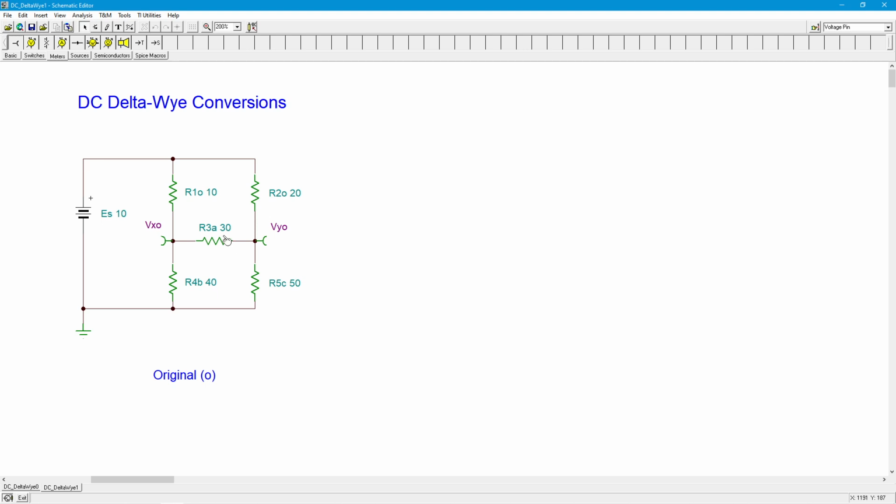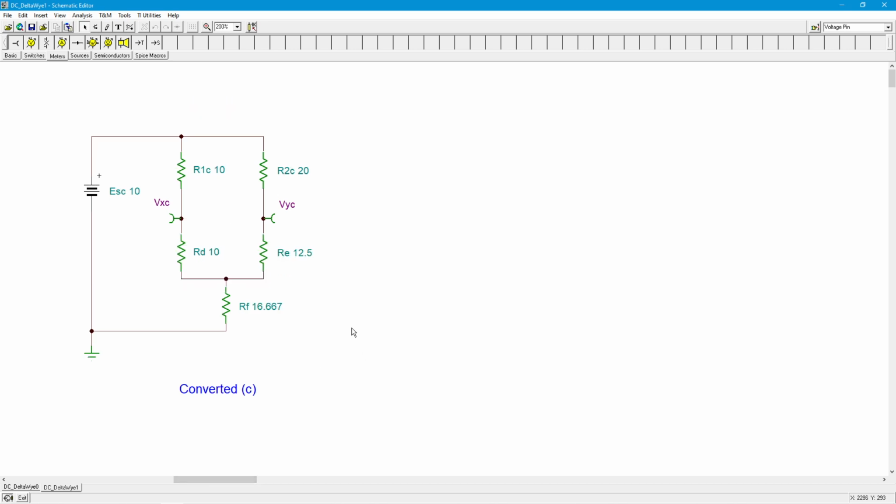So I would take these three resistors, the 30, the 40, the 50, plug them into that set of equations that I just showed you, and we would come up with three new values for the D, E, and F, as it were, which is this. Here's those same 2 points, and we had R3 up here, and then the R4 and R5 over here.